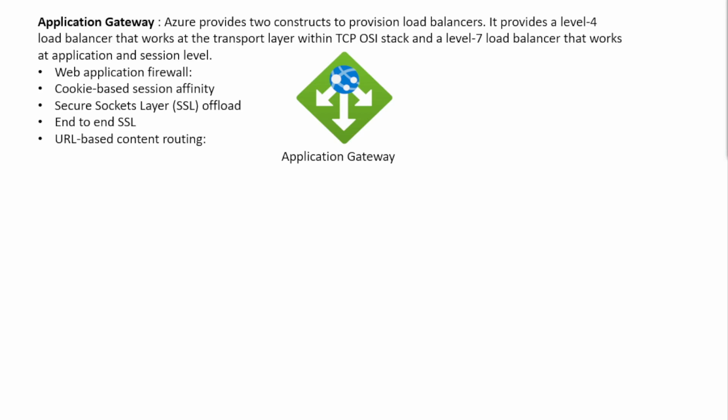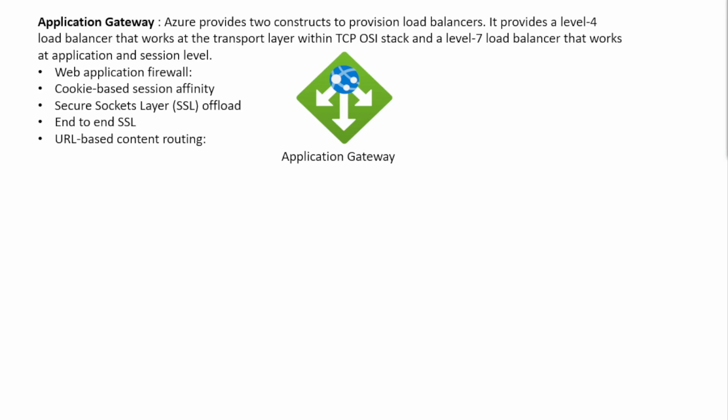It also gives us the capability of SSL offload, and it provides end-to-end SSL. These are two options where you, as an application owner, can decide whether you want the SSL to be offloaded at the application gateway level so that traffic is not encrypted going to your VM.